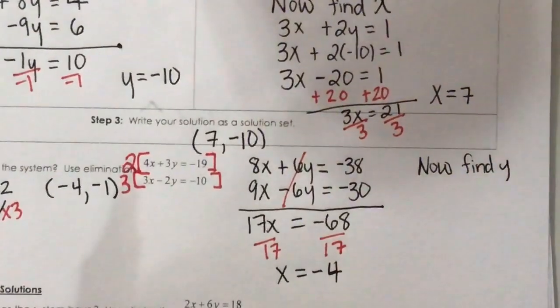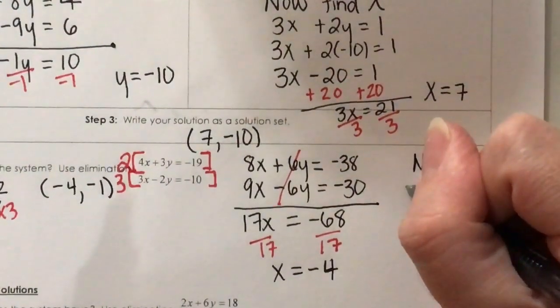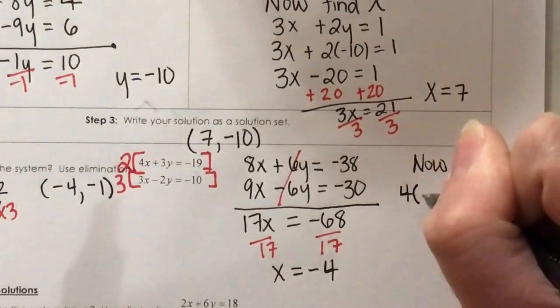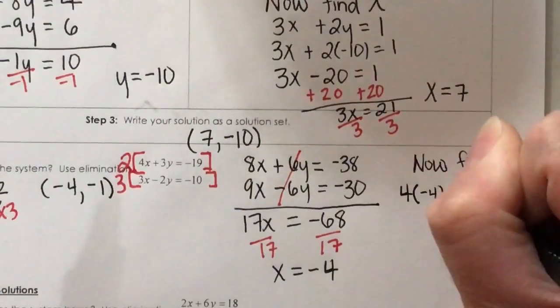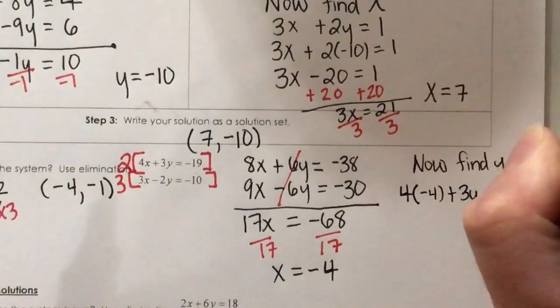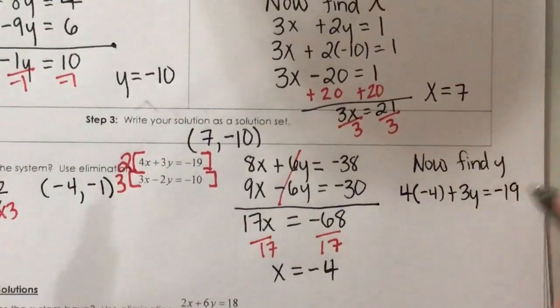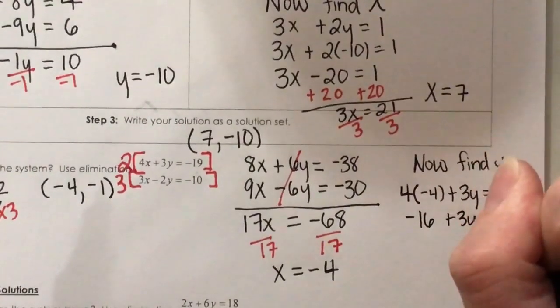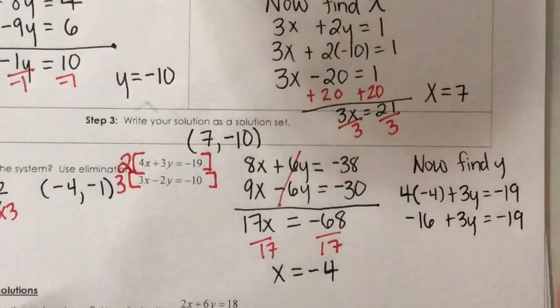So we're going to sub back in. Doesn't matter which equation you sub into, maybe the top one. So I'm going to replace in the top equation the x with a negative 4. Plus 3y equals negative 19. 4 times negative 4 is negative 16. Negative 16 plus 3y equals negative 19.